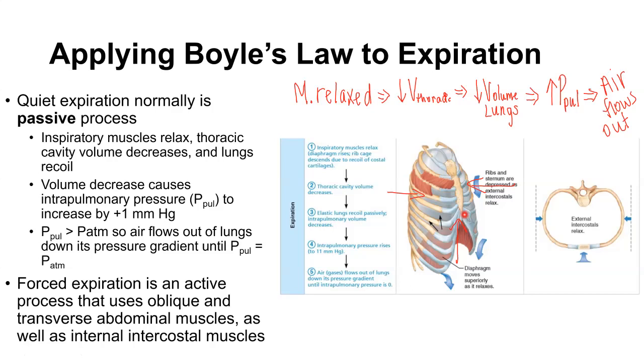All that this is doing is increasing the pressure inside the lungs even further. So this is 11 passively. Maybe you would increase it to like plus 20 or something. And so this would cause a greater force of the air flowing out. It would just make the air flow out faster. Okay.